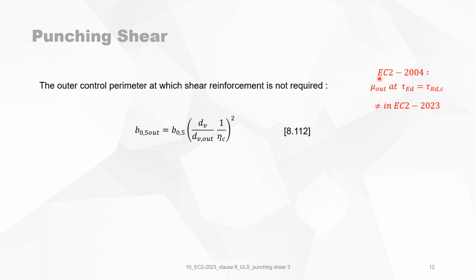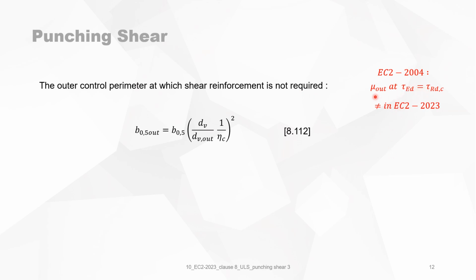In Eurocode 2 version 2004, u_out, which is more or less the same as b0.5,out, was defined where the applied shear force is equal to the shear force that can be taken up by the concrete, or where tau_Ed was equal to tau_Rdc.